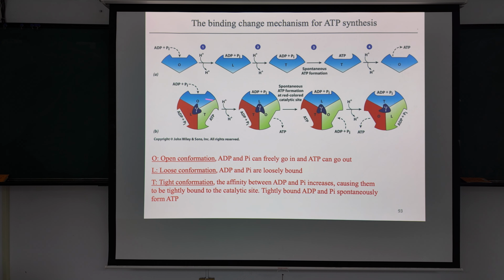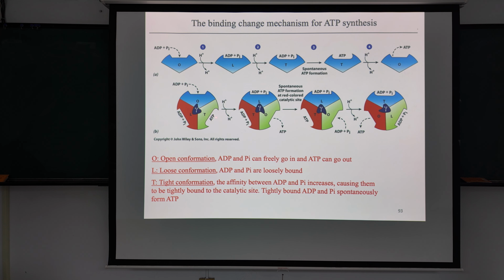But in the loose conformation, ADP and the inorganic phosphate are loosely bound there. And for the tight conformation, it forces the ADP and the inorganic phosphate closer, and people believe this can spontaneously force them to form ATP, okay?